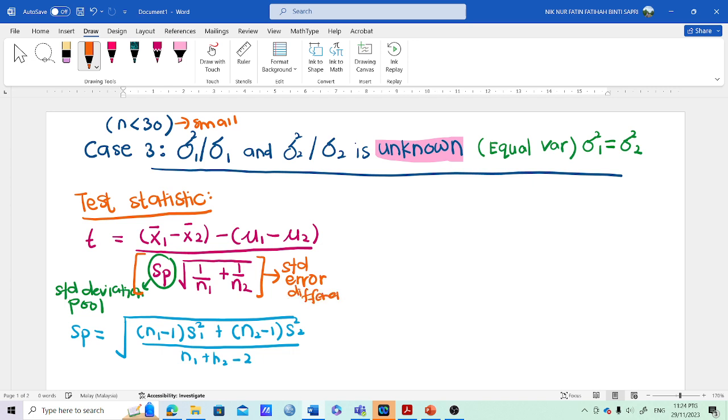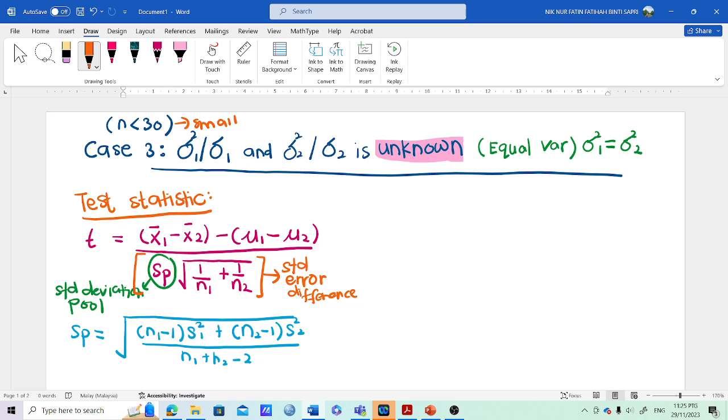So let's say if the question asks you to calculate the standard error difference, this is the formula for case 3. Remember, the standard error formula is different according to which case. For this one, the standard error difference for case 3 is calculated as follows.